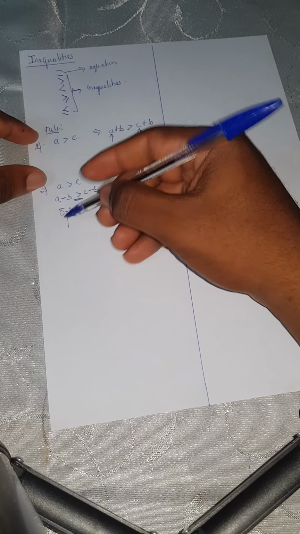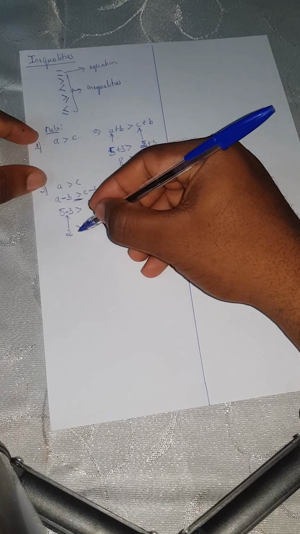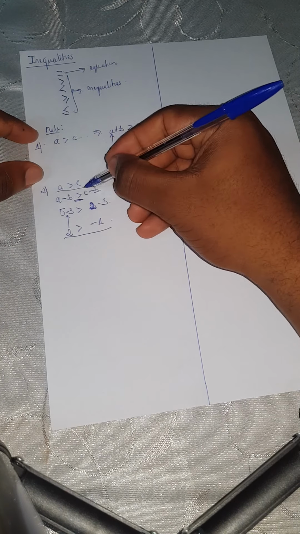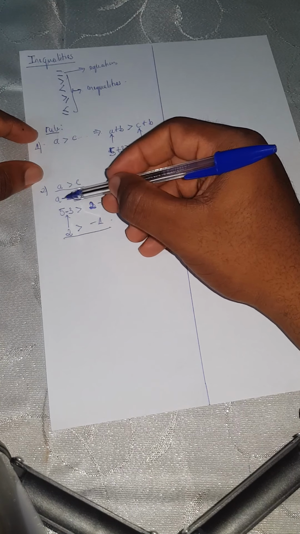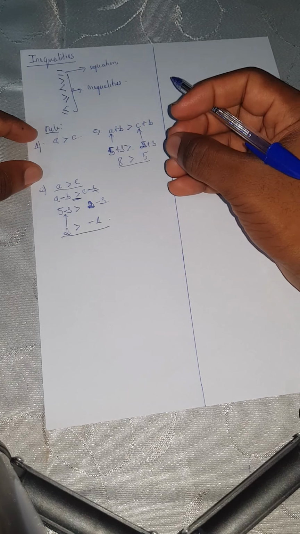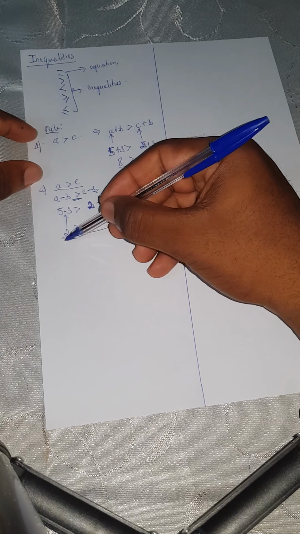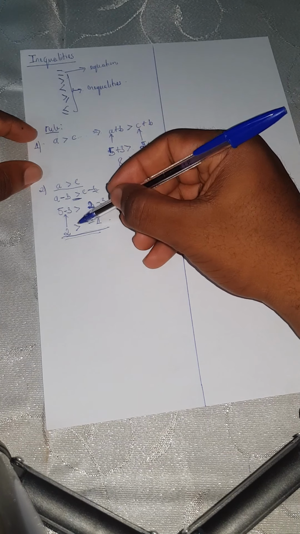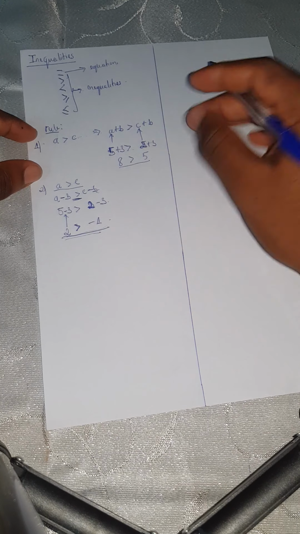Now we are going to have 2, and we see 2 is still greater than negative 1. So the second rule, A greater than C, subtracting both sides of the inequality by the same value, is going to leave the inequality at the same position. That is with the greater than sign.